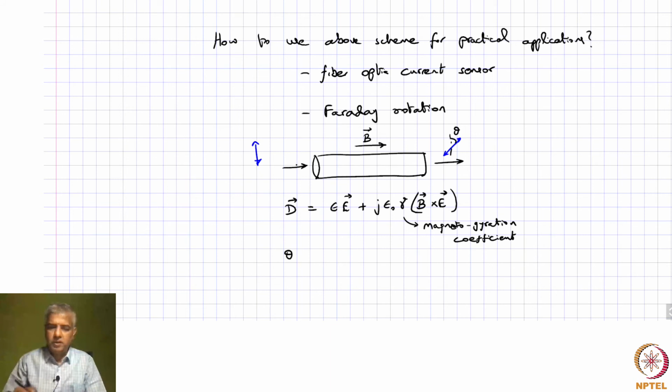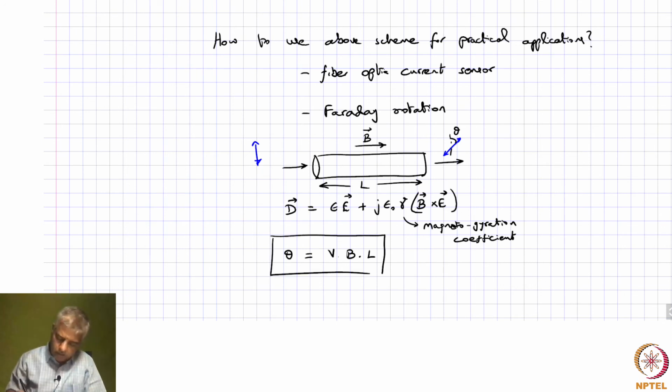The incoming polarization is rotated through an angle theta, which in general terms is proportional to the magnitude of the magnetic flux density multiplied by the length of that crystal, and the proportionality constant here is V, which is a representation of the magneto-gyration coefficient, and it's called the Faraday constant.